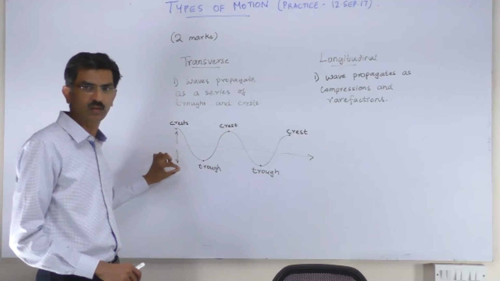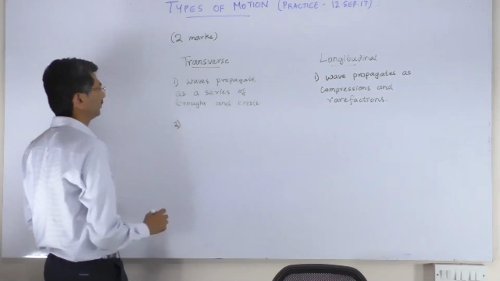In the case of longitudinal waves, the particles of the medium are moving in the same direction as the propagation of the wave. So that is the second important difference.